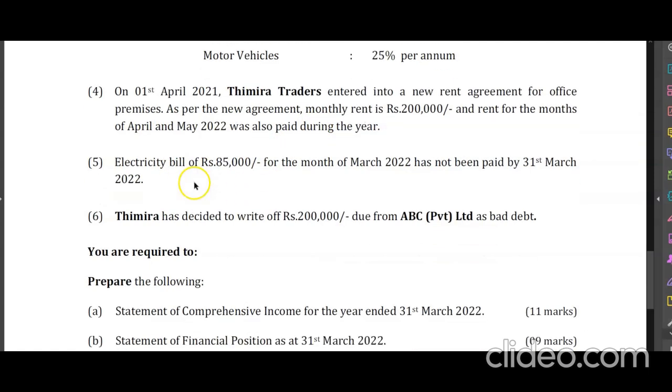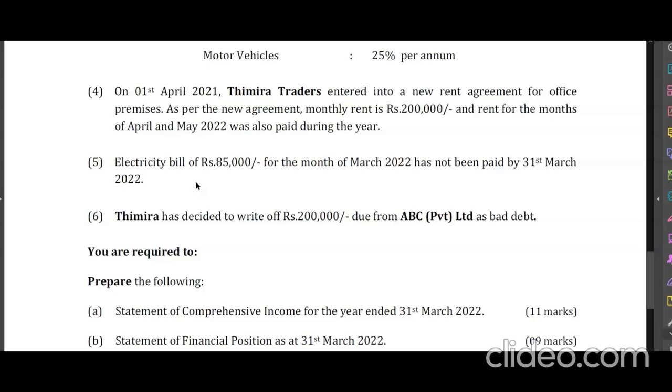The fifth point says the electricity bill of 85,000 for the month of March 2022 has not been paid by 31st March 2022. This electricity expense belongs to the current financial year for which you are preparing the financial statements, but they missed paying it.